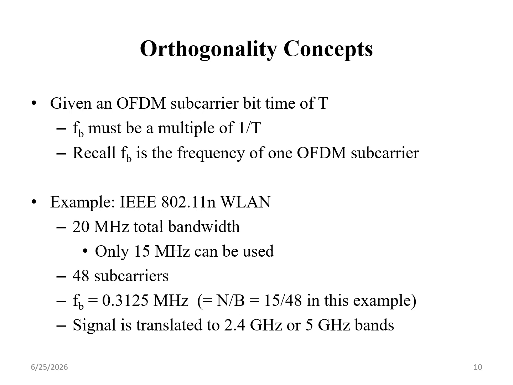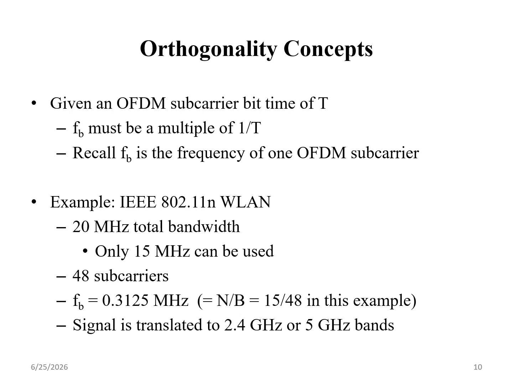802.11n is a wireless local area network which has 20 megahertz total bandwidth. Only 15 megahertz can be used. The total number of subcarriers is going to be 48. So obviously FB equals N divided by subcarriers. N is nothing but 15 divided by 48 subcarriers.